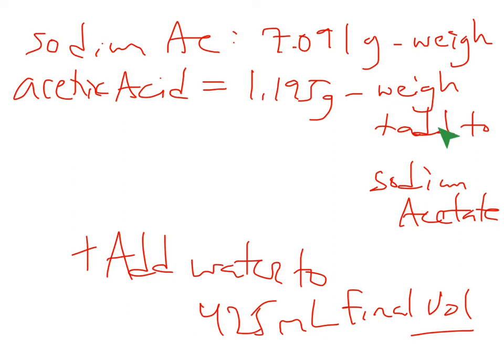Then you're going to add those together and add water until you get to 425 mils final volume. Usually you'll also want to stir to dissolve. In our biochem lab, we'll put that into a bottle, put it into the fridge and label it, and then you'll be done. So that is how you do basic buffer calculations. Hope that helps.